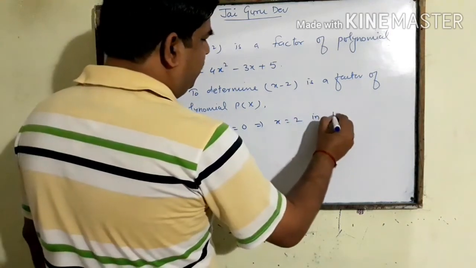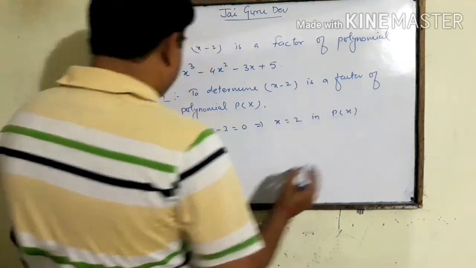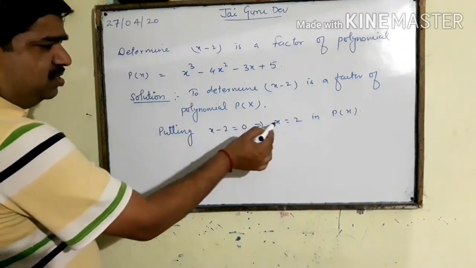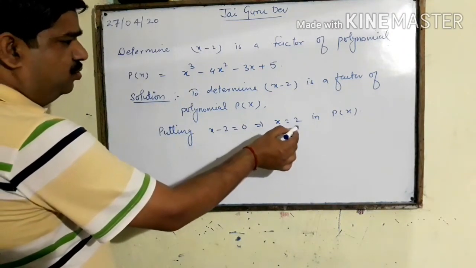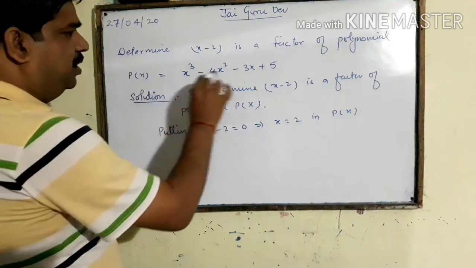Put this value x equal to 2 in the polynomial p(x).